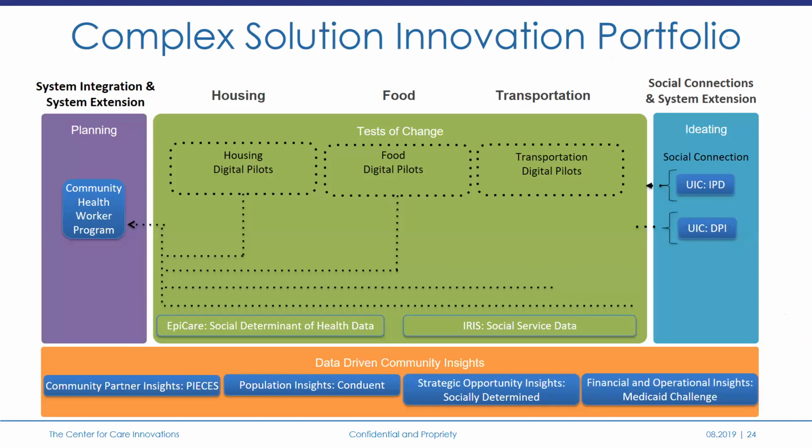So what she means by the shape of our work is all of those how might we statements that were driven a lot from what we learned in the community. That is then our portfolio, which we've been working on from last spring to now, and we've made really great strides. In the CSI program, we work on system integration and system extension.